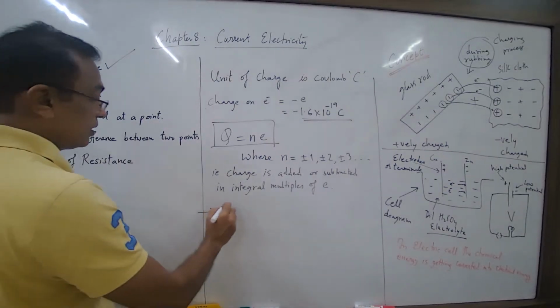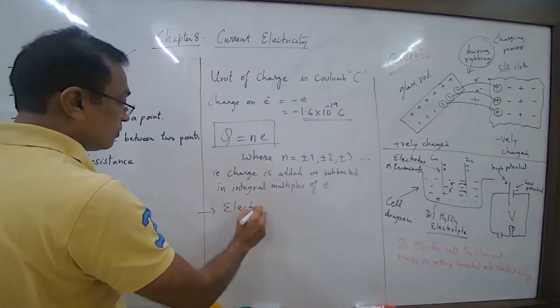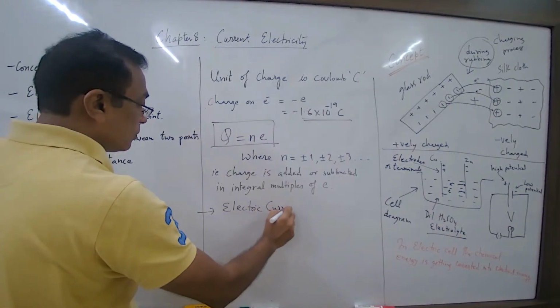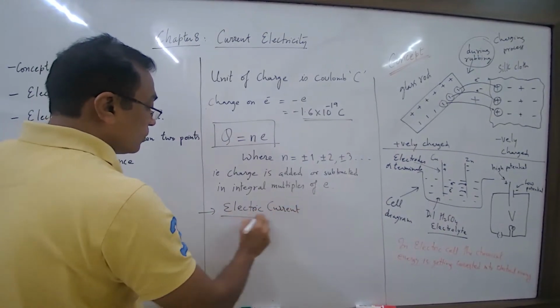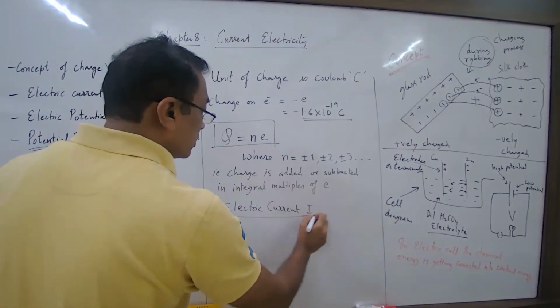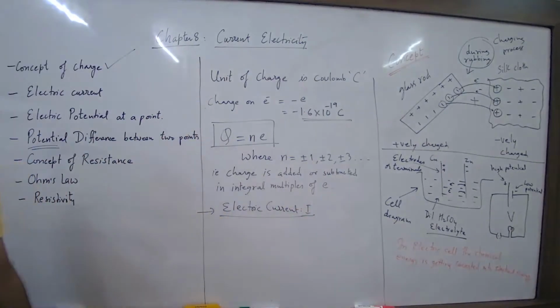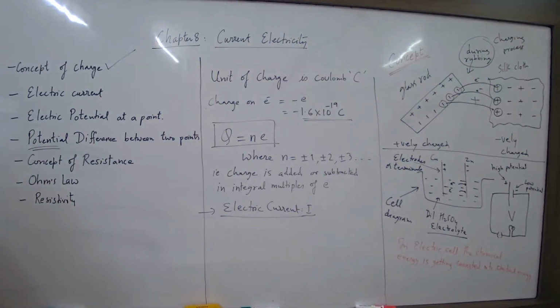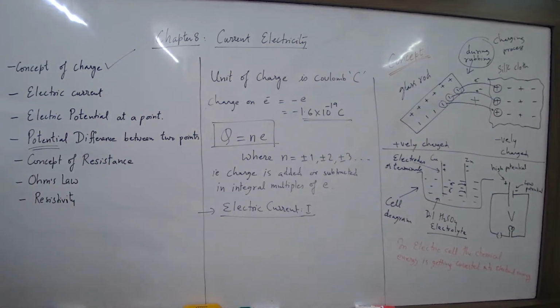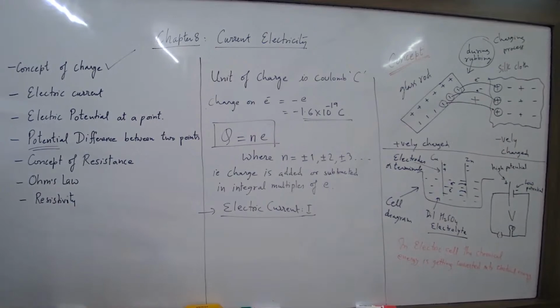Next is electric current. I. The symbol for electric current is I. How do we define electric current? It is the rate of flow of charge through a conductor. Right?